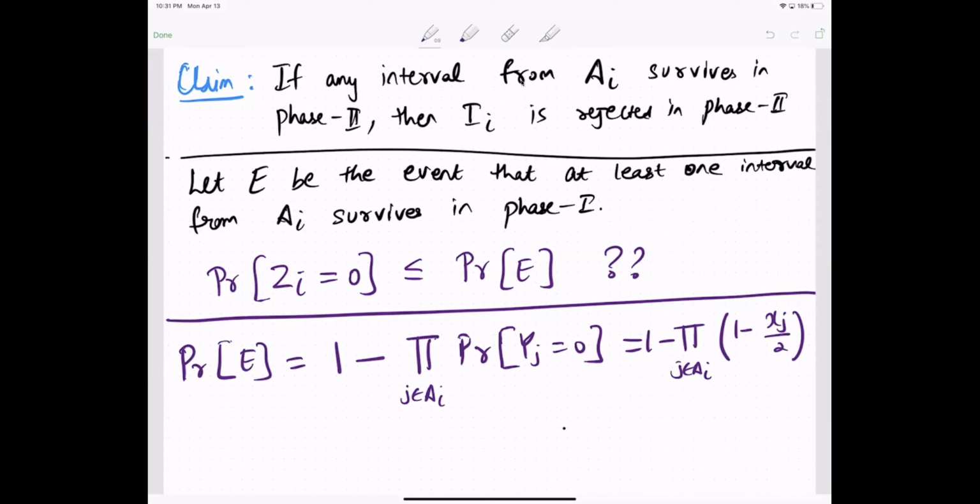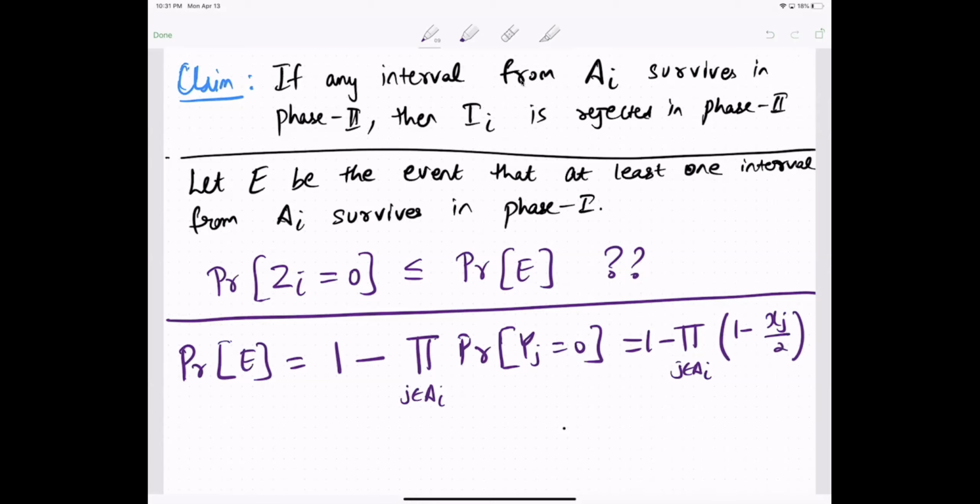Because that phase happened, every interval was handled independently, so we can say the product of yj's being 0, which means none of them got selected. And what's the probability of none of them getting selected? Each interval was getting selected with probability xj over 2 in phase 1, which means it was not getting selected with probability 1 minus xj over 2. So I just wrote that down.